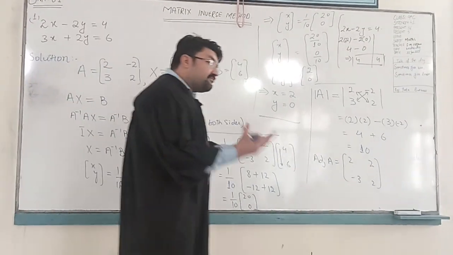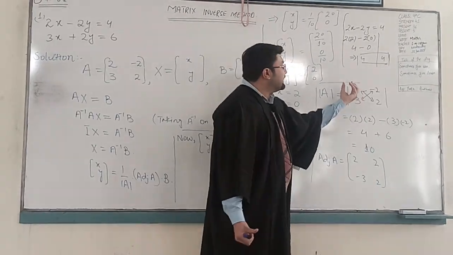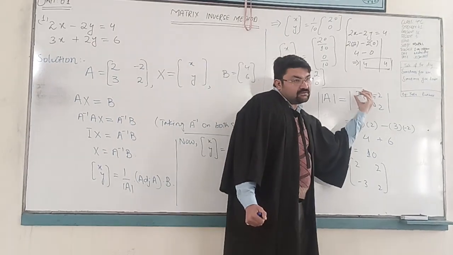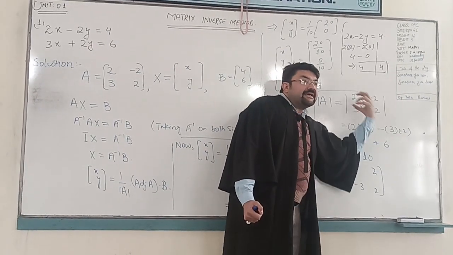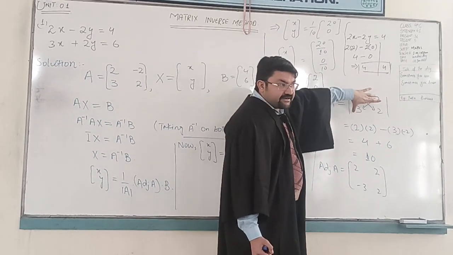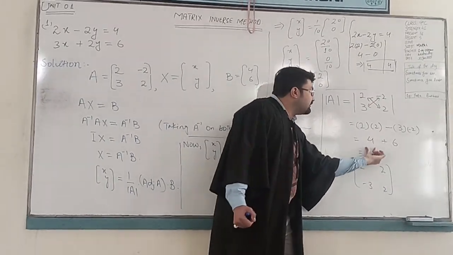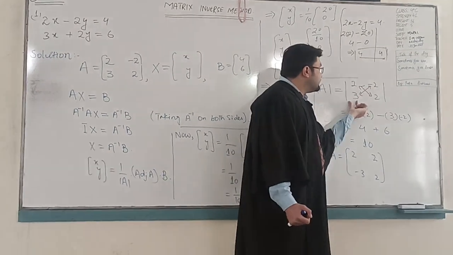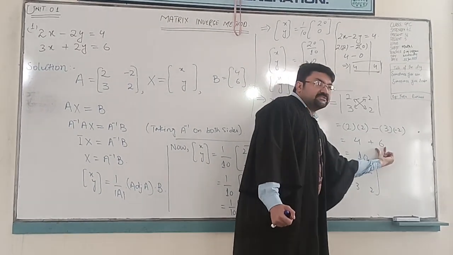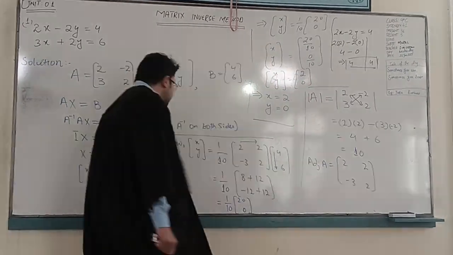We take the product of the entries on the primary diagonal, then the product of the entries on the secondary diagonal, and subtract: 2 times 2 is 4, minus 3 times minus 2 is 6, so 6 plus 4 is 10. The value of the determinant is 10.